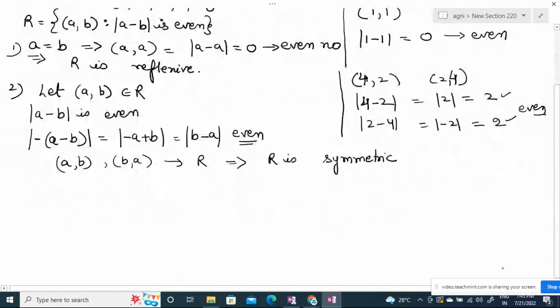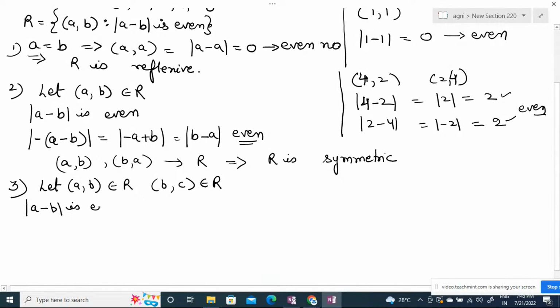Now I have to check for the transitive nature. Now we take two ordered pairs. Let (A, B) belong to R and (B, C) belong to R. So A minus B is even. Similarly, B minus C is also even.